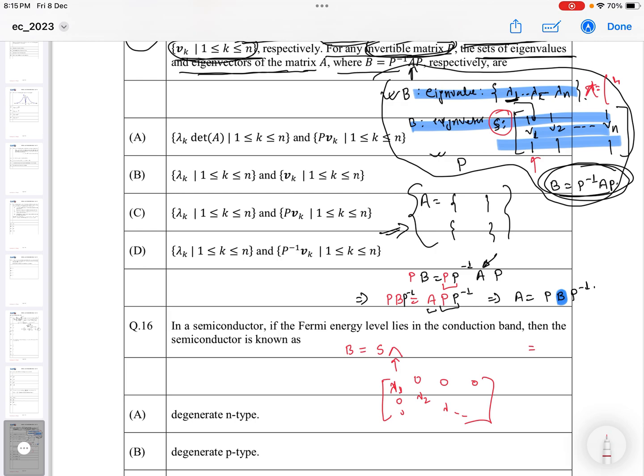If you know the diagonal form, then I do not have to describe all these things. So we can write B in diagonal form as S lambda S inverse.